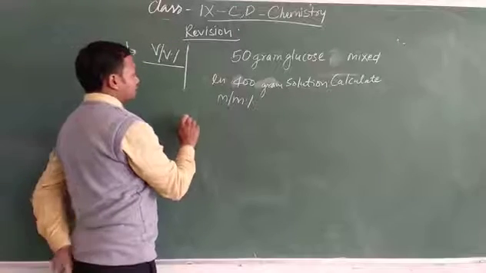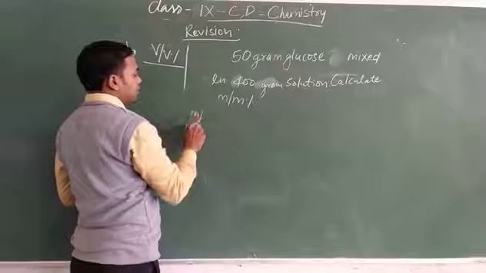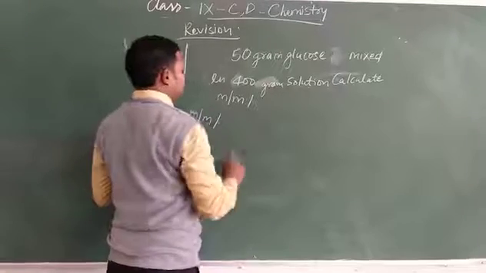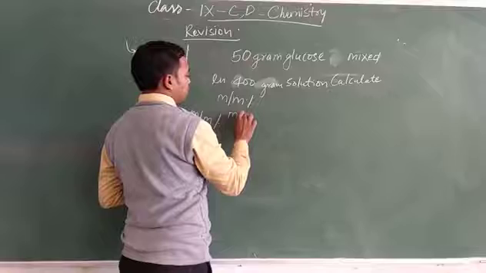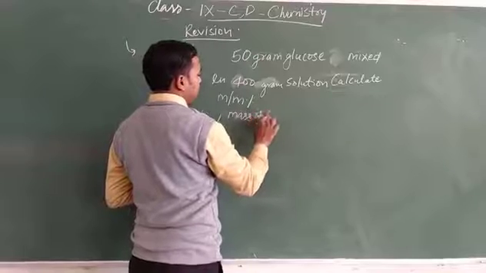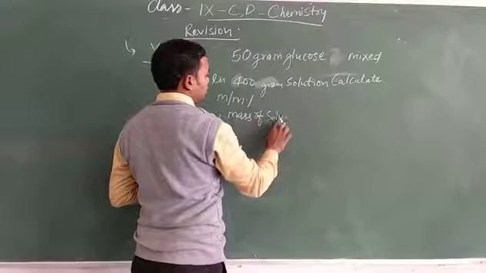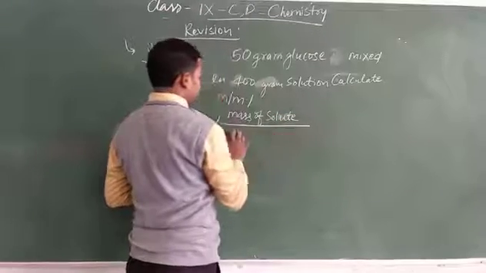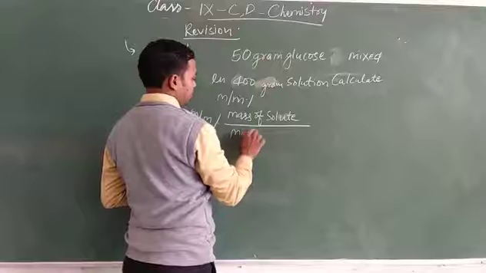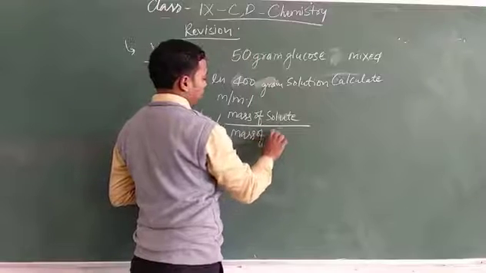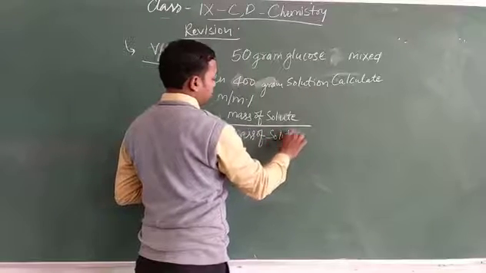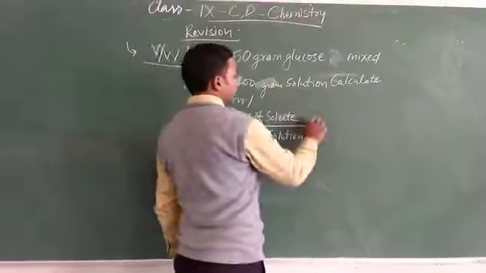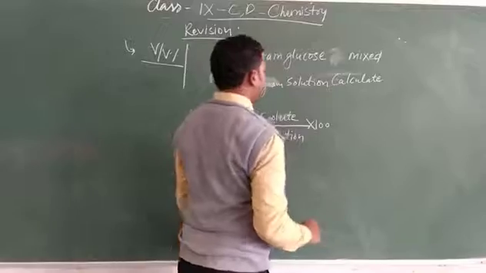So the formula is that mass by mass percentage is equal to mass of solute divided by mass of solution into 100.